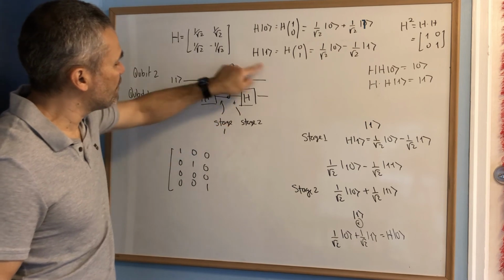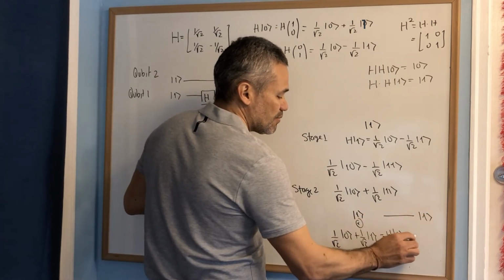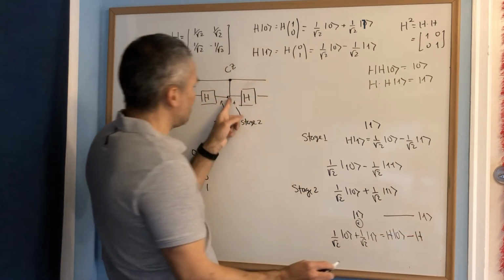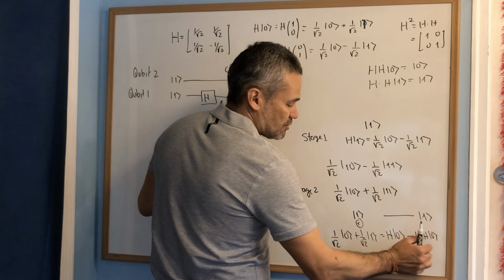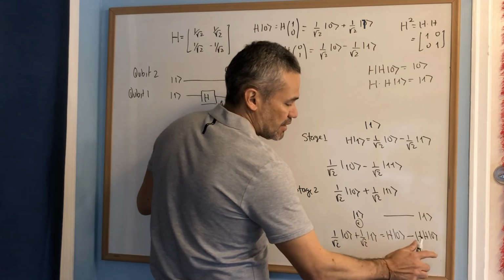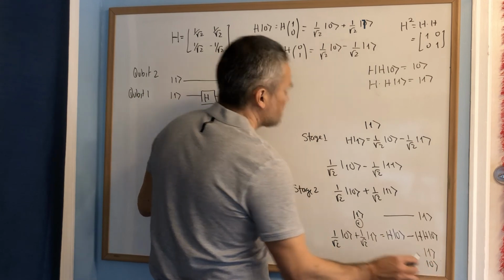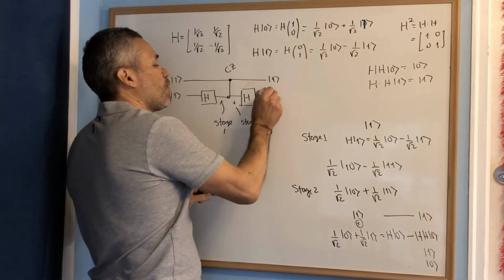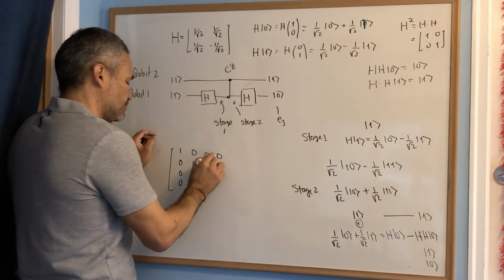And then when I move to the final stage, this will be changing into 1, and this will be changing into h. I have to apply the other h of 0. Sorry. Yes. And then I will be getting 1, 0, 1, 0, which is the vector e sub 3.